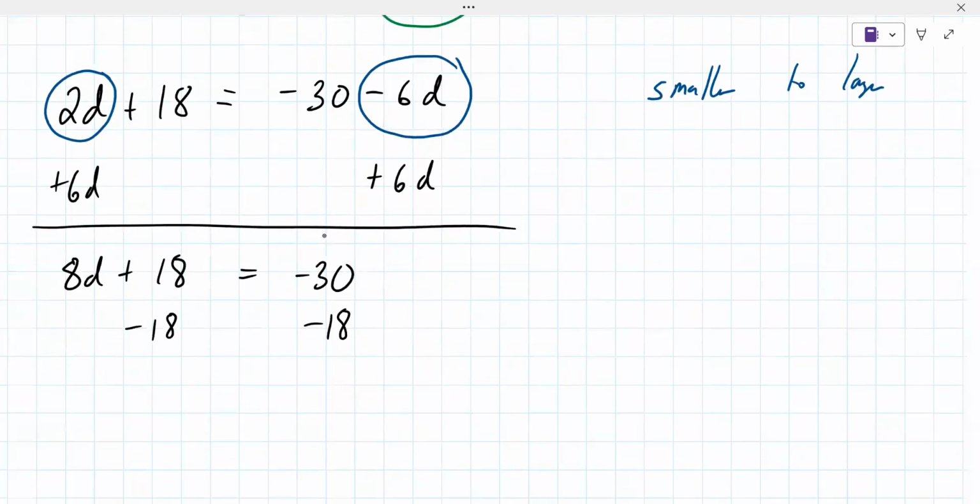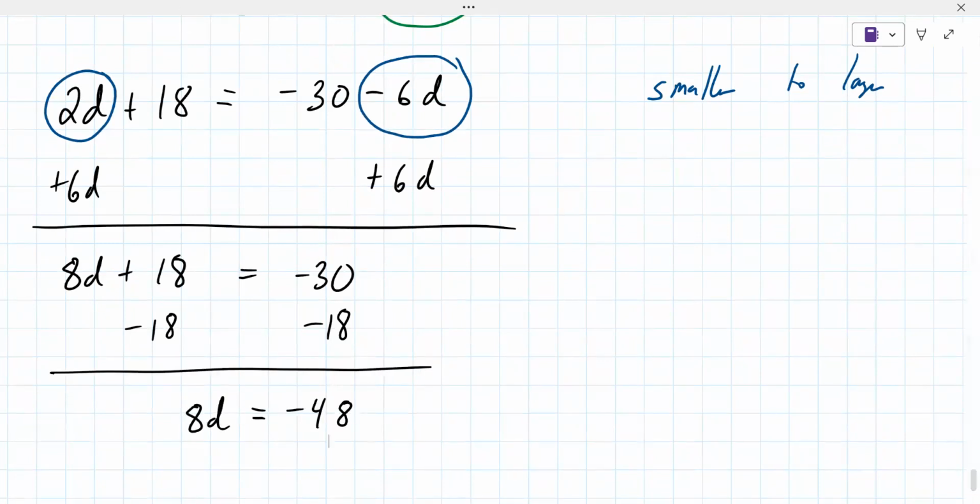You got it. And then divide both of those by 8. Yep. So D equals negative 6.